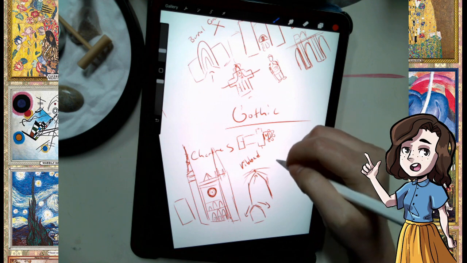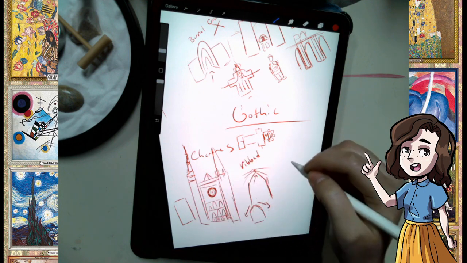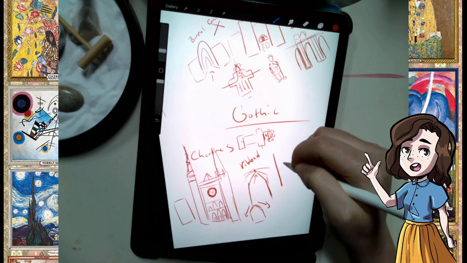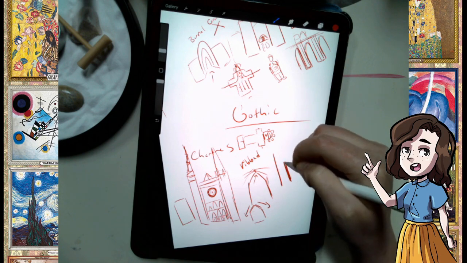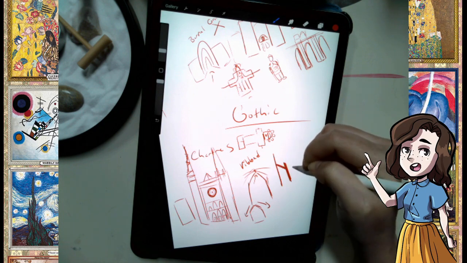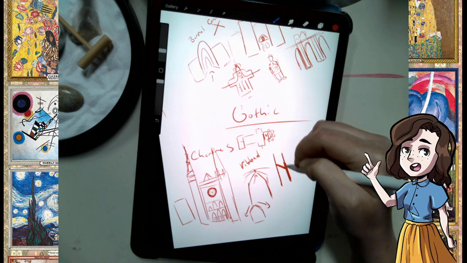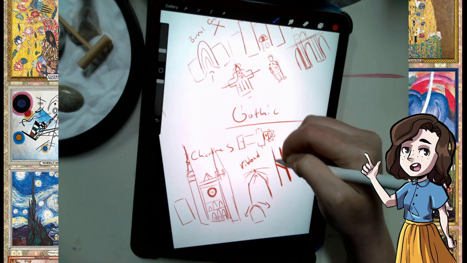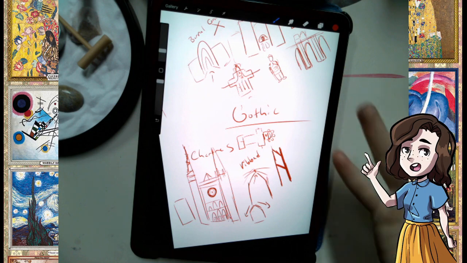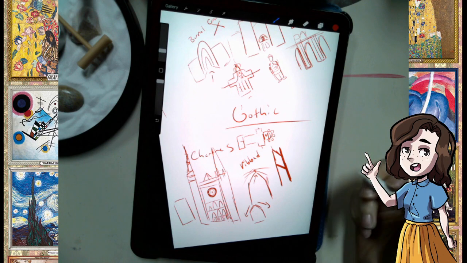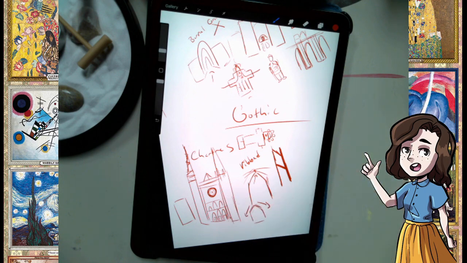But they're also adding flying buttresses. My favorite thing on the planet. A buttress is something that is added for support, like that. So if that's the wall, this is a buttress. Now, a flying buttress is when you take it and you put it up higher. Flying buttress. So by having little support beams running across, you can now have Chartres be even taller, even more extravagant, and a lot thinner.